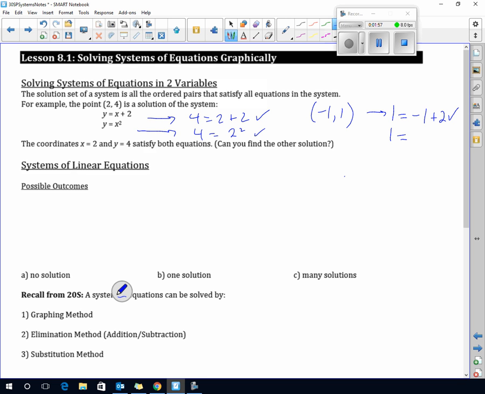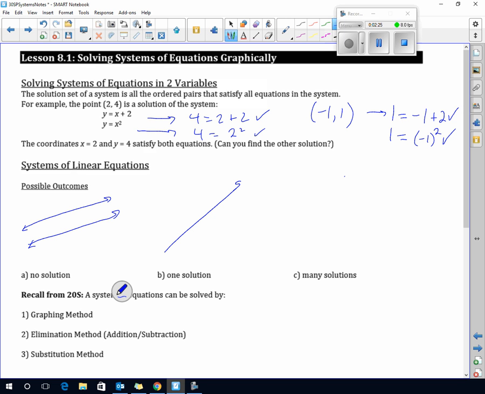So we're going to go over a review of grade 10 when we had systems of linear equations. When we had no solution, that was two lines that never intersect, or parallel lines. When we had one solution, essentially we had one line going one way and the other line going another way, and they intersected in one spot.